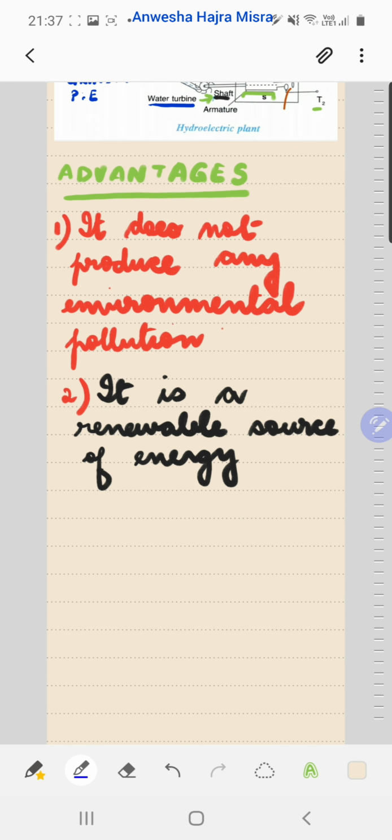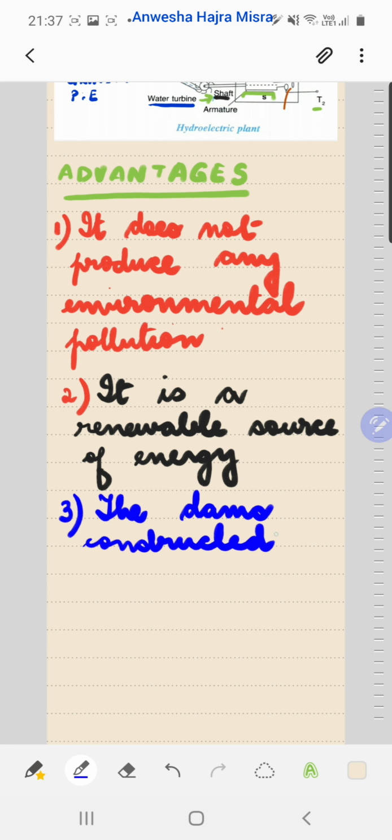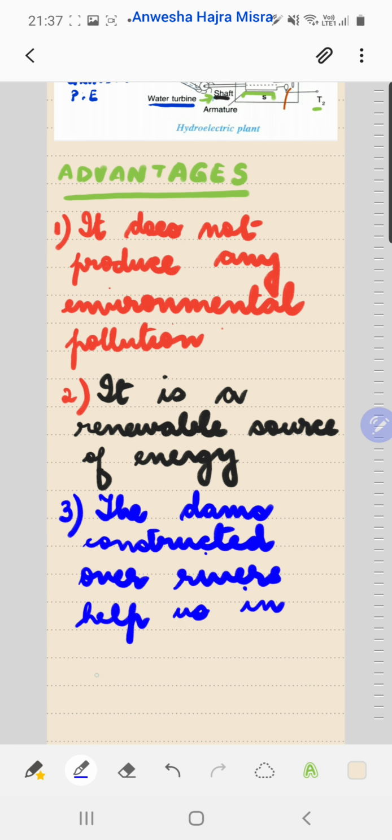And number 3, the dams constructed over rivers help us in irrigation and control of floods.